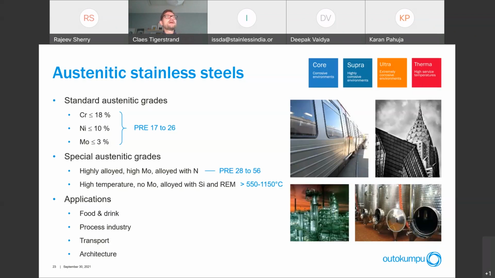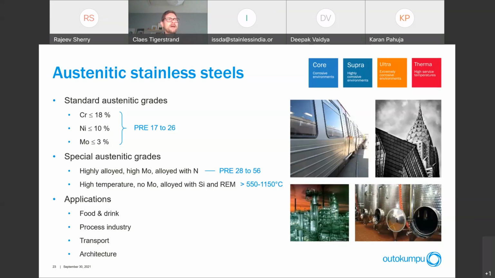They are highly alloyed, with a higher molybdenum content. They're also typically alloyed with nitrogen. So there you have a PRE span from 28 all the way up to 56. So significantly higher PRE values can be provided there.